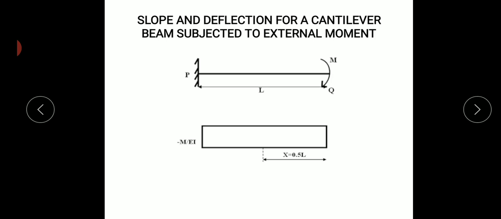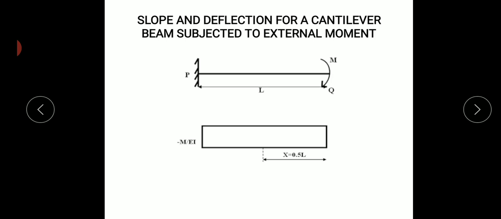Here the external moment is applied towards the right hand side, the free end. In order to plot the M by EI diagram, you just consider whether it is right hand side or left hand side, and whether it is clockwise or anti-clockwise.